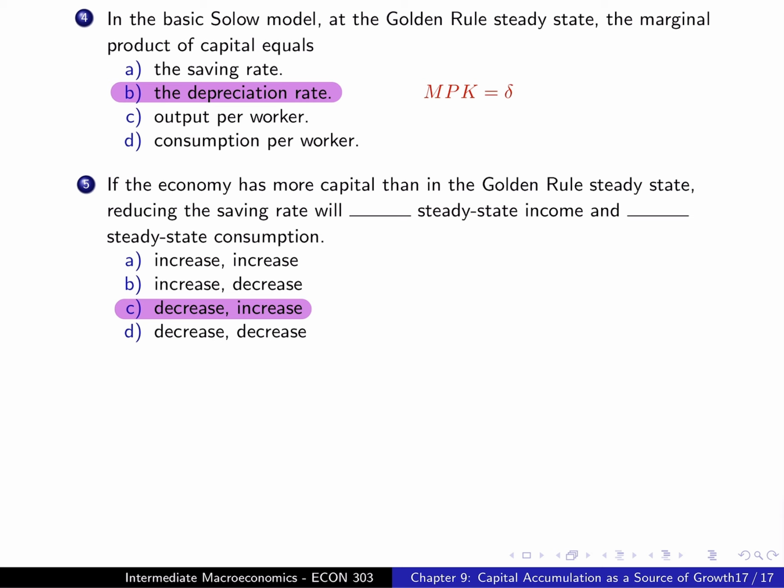While higher saving raises capital and output, it may not always increase consumption, highlighting an important trade-off between saving and consumption. Ultimately, the Solow model provides important insights into cross-country income differences, long-run growth, and the role of policy in influencing saving and investment.